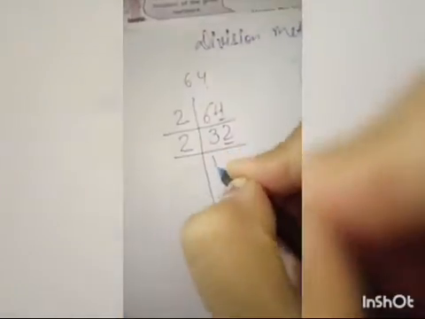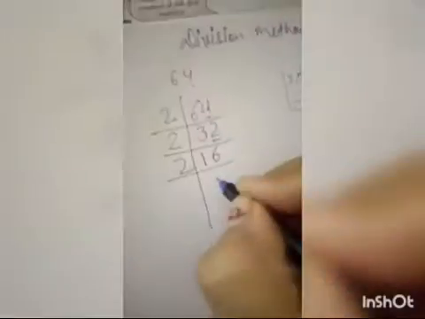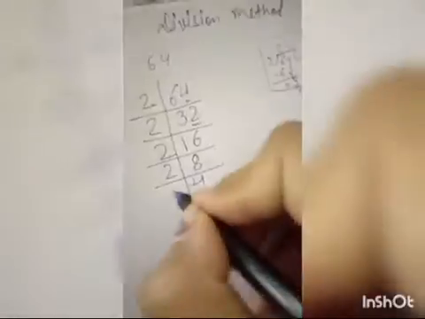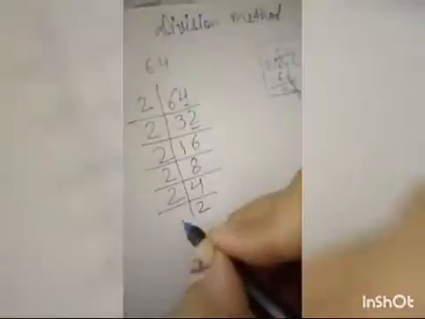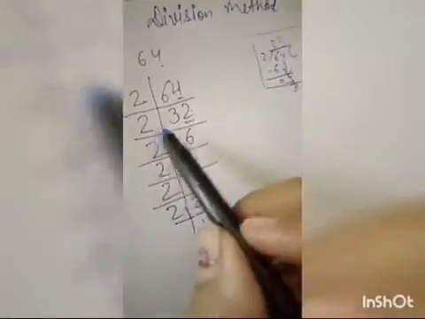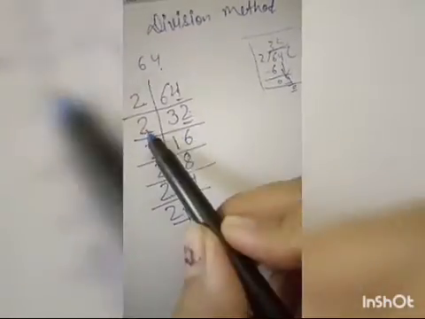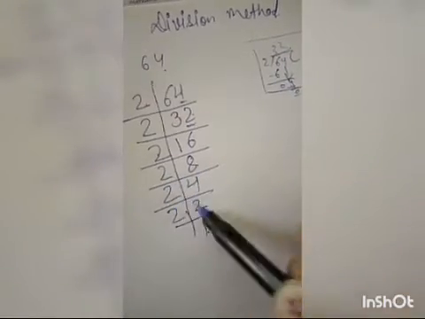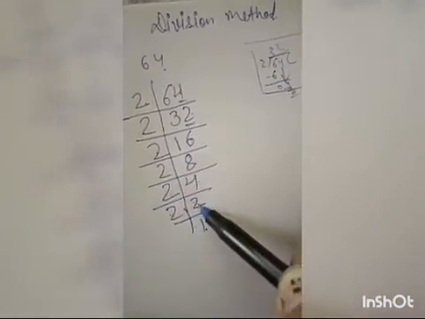So 2 1s are 2, 2 6s are 12, then 2 8s are 16, 2 4s are 8, 2 2s are 4, and 2 1s are 2. Okay. 16 2s are 32, 2 8s are 16, 2 4s are 8, 2 2s are 4, 2 1s are 2.